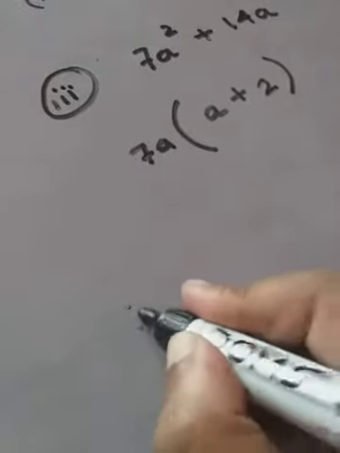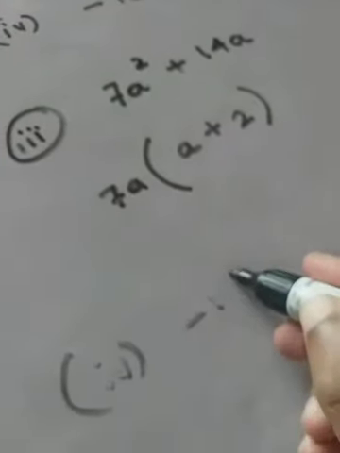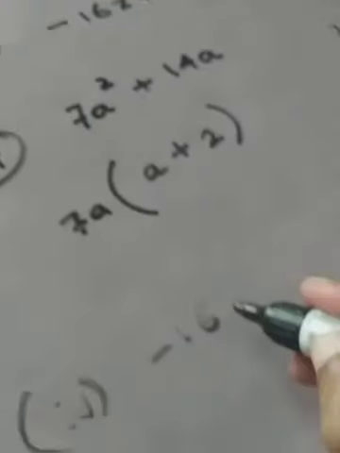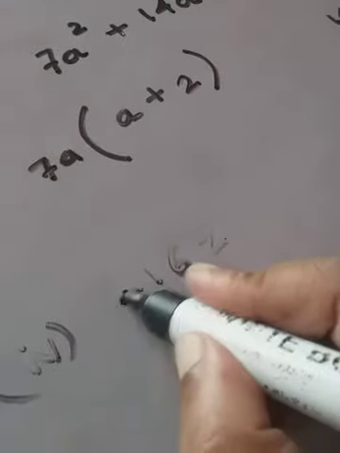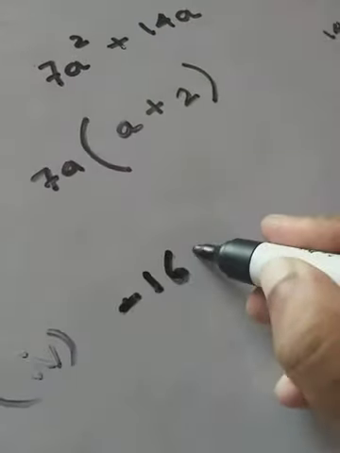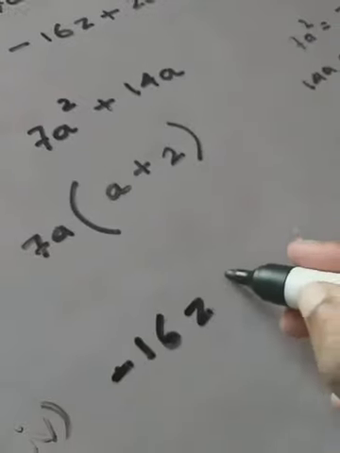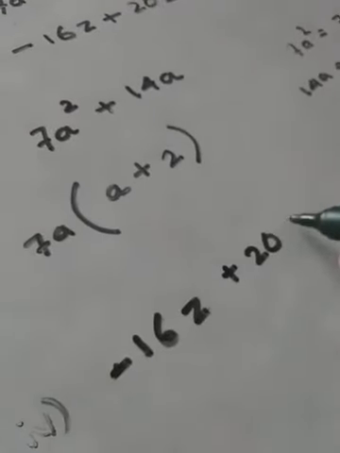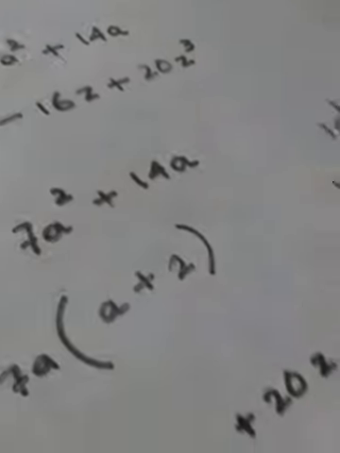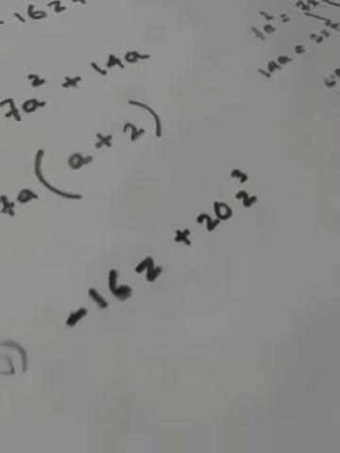That is question number 4. Question number 4 is: minus 16z plus 20z cube.